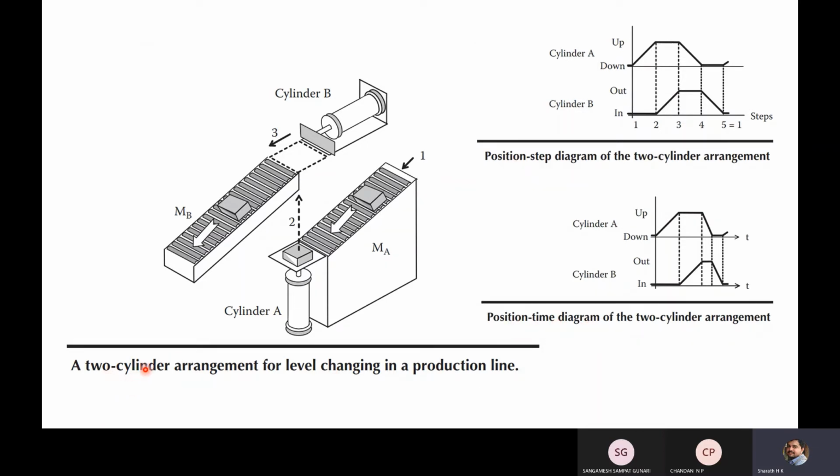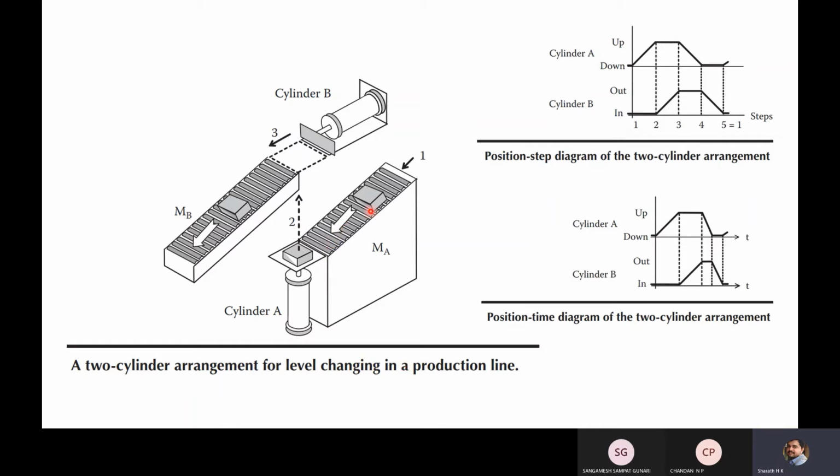Even though it is used for complicated circuits, in order to understand this concept, here they have considered an example having only 2 cylinders. A 2-cylinder arrangement for level changing in a production line.